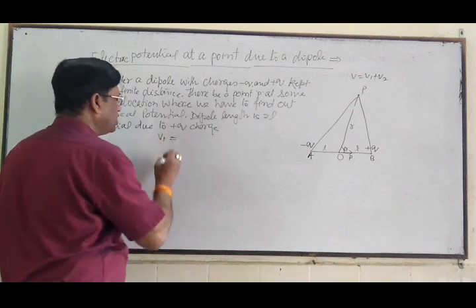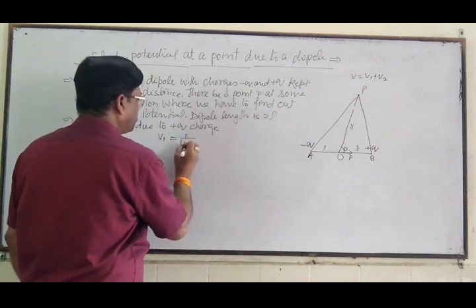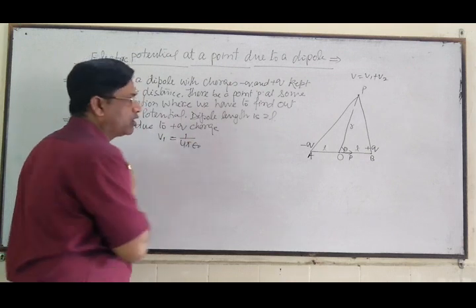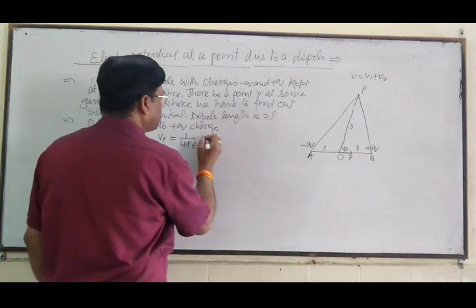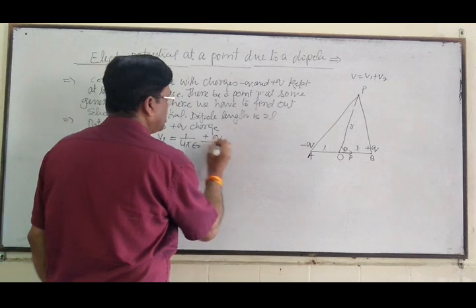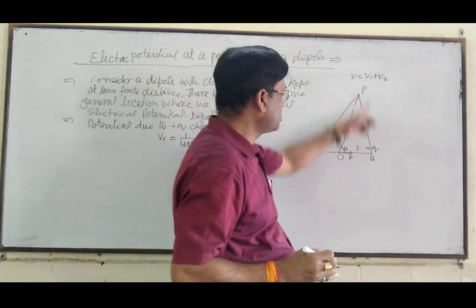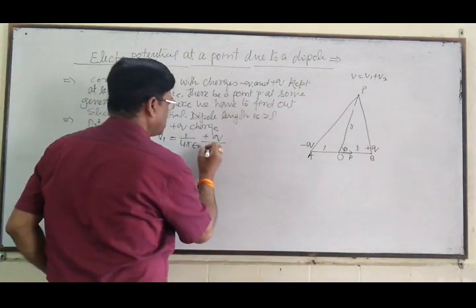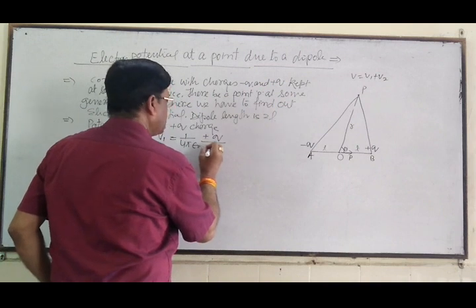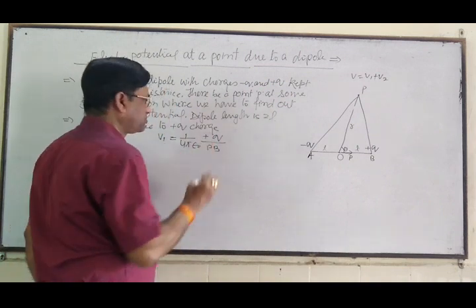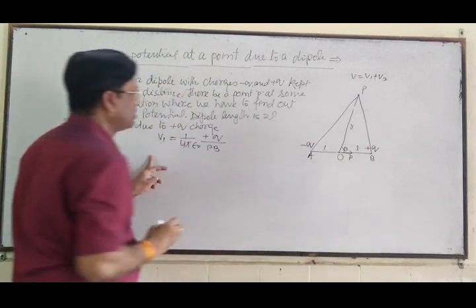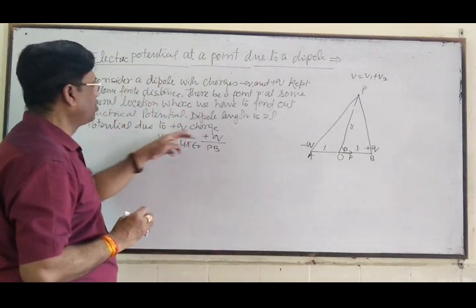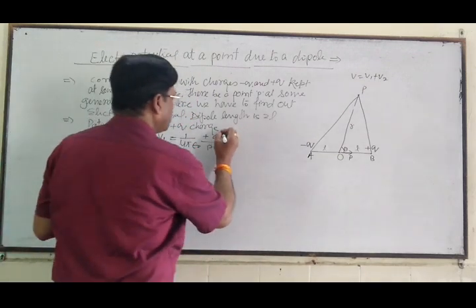V1 would be equal to 1 upon 4 pi epsilon naught times plus q upon this distance PB. This is the potential due to the plus q charge, V1.